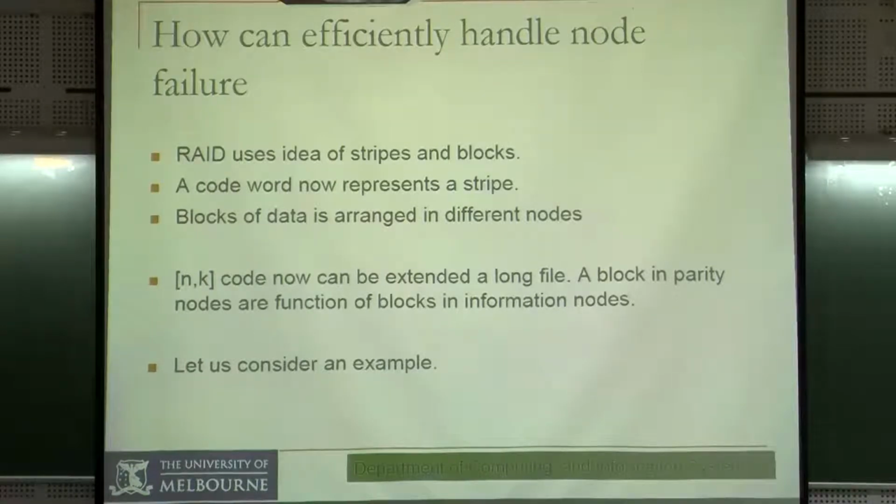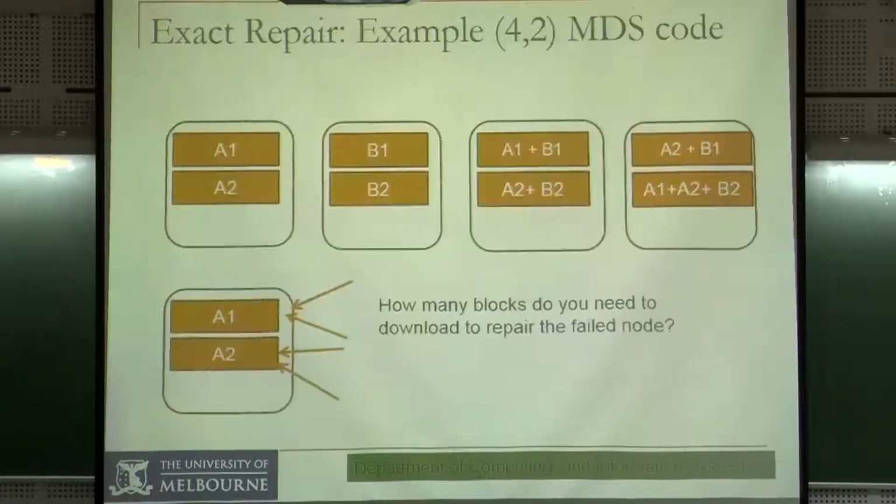Now let's take an example. Now we want to do MDS code efficiently with some idea. Here I have thrown in a code, and I will make sure to explain the actual meanings of some of these things a bit later in the regenerating code. But suppose you use a (4,2) MDS code and assume that any 2 nodes are sufficient to recover data in case of a node failure.